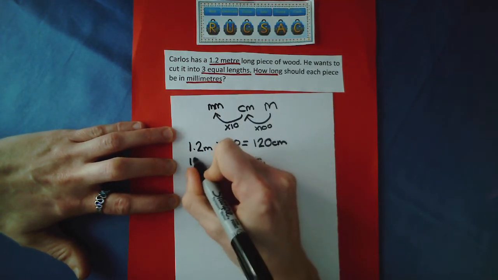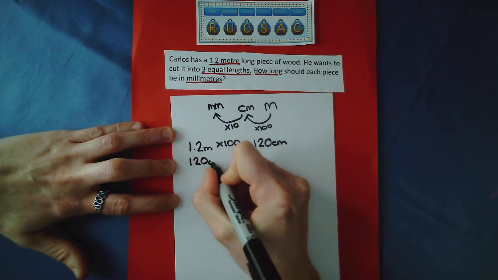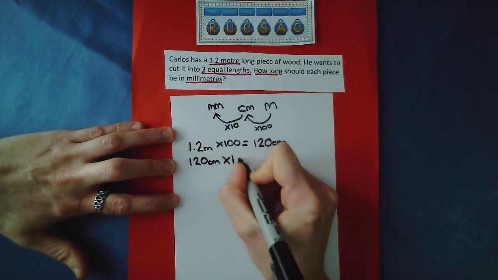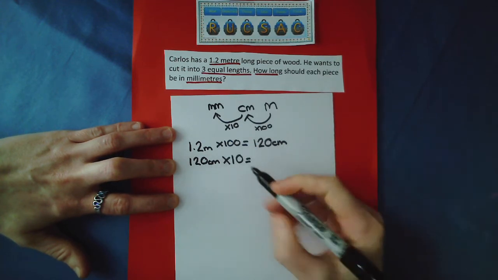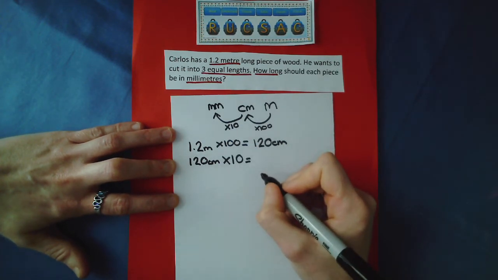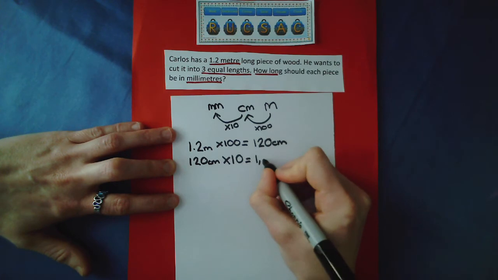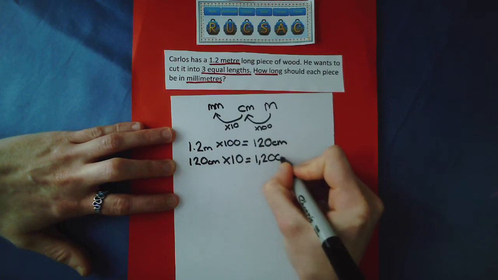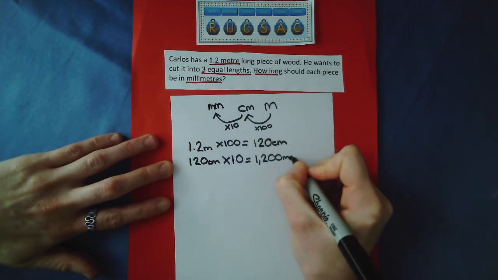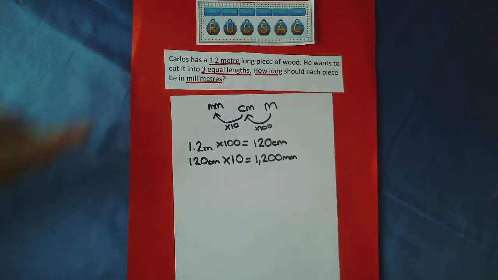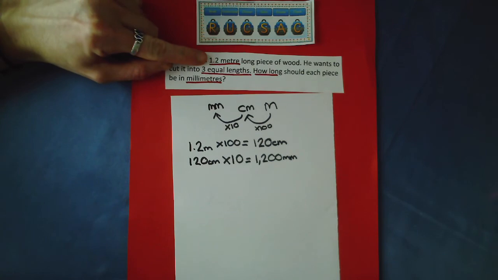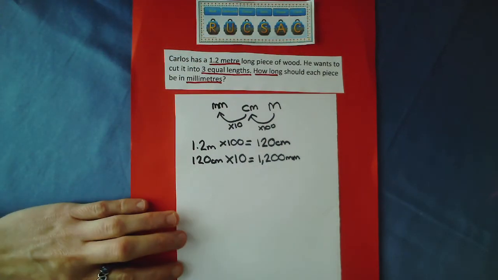So 120 centimetres times by 10 should give us our millimetres. So what's 120 times by 10? That's right, 1,200 millimetres. So we know that 1.2 metres is 1,200 millimetres.